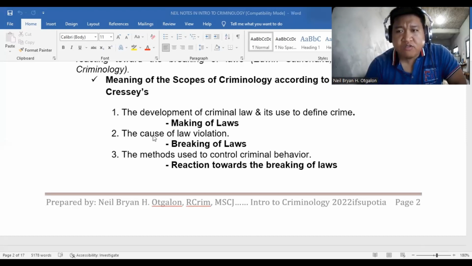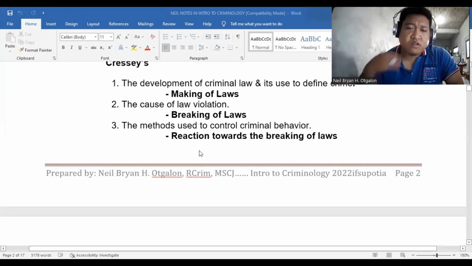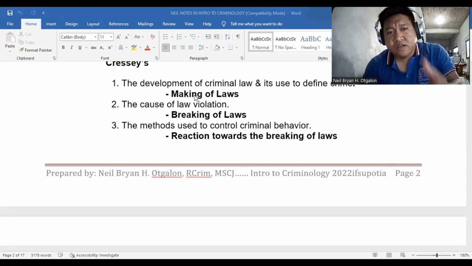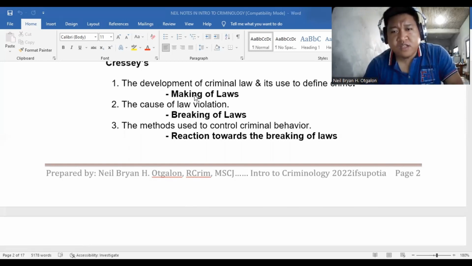So according to Sutherland and Cressey, criminology has three scopes: the making of law, breaking of law, and reaction towards the breaking of law. When we say making of law, criminology studies crimes, and whatever the result of their study, they can recommend the making of law.